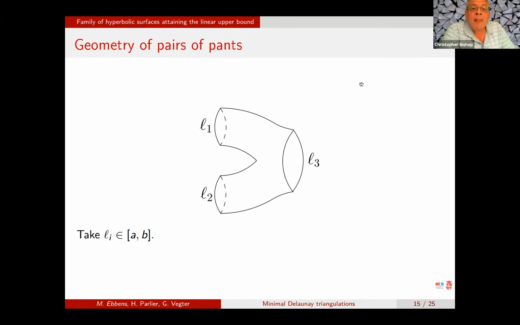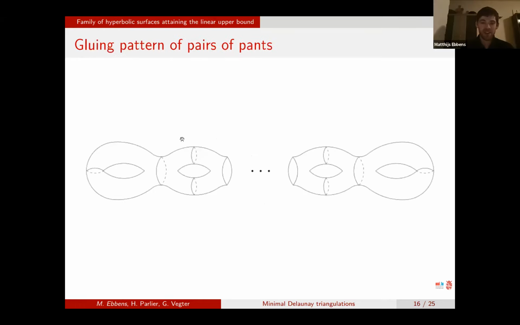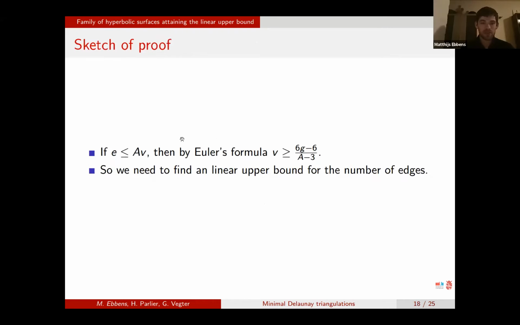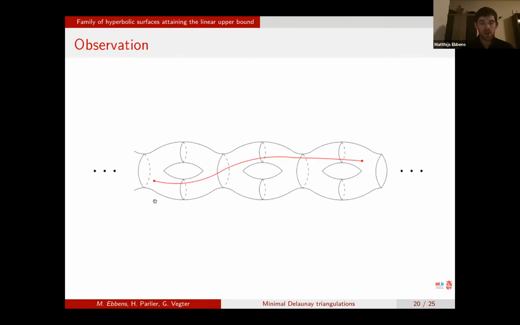Indeed, that's a good observation. One reason why I need this lower bound A in this proof is that the proof makes use of it over here. Because when this A and B fix the geometry, this also means that when you look, for example, at the diameter of a pair of pants, it's also fixed by the A and B, and also the distance from one boundary geodesic to another.